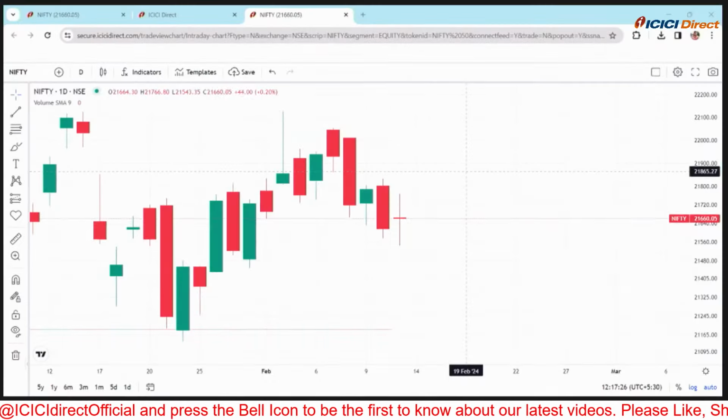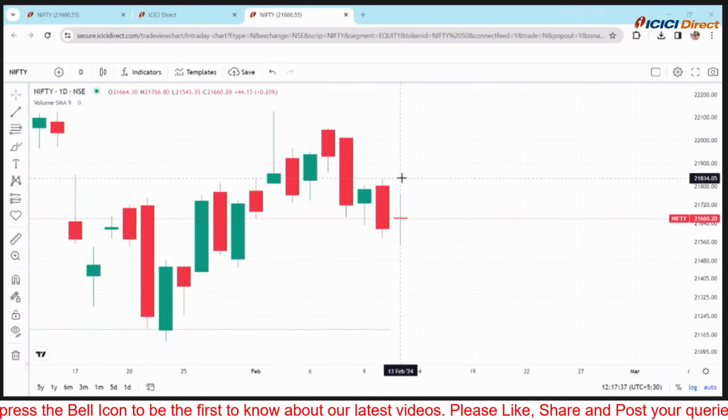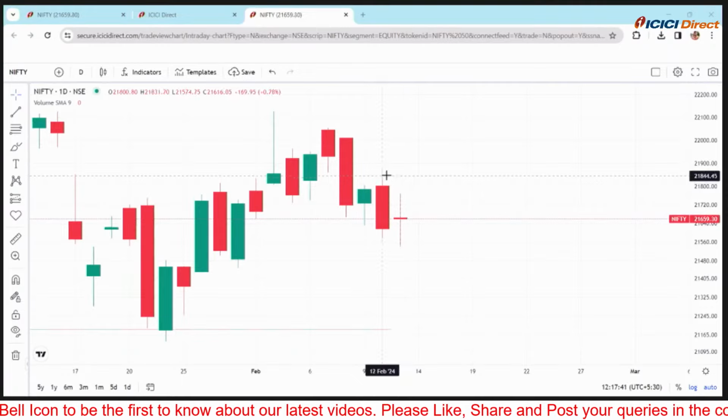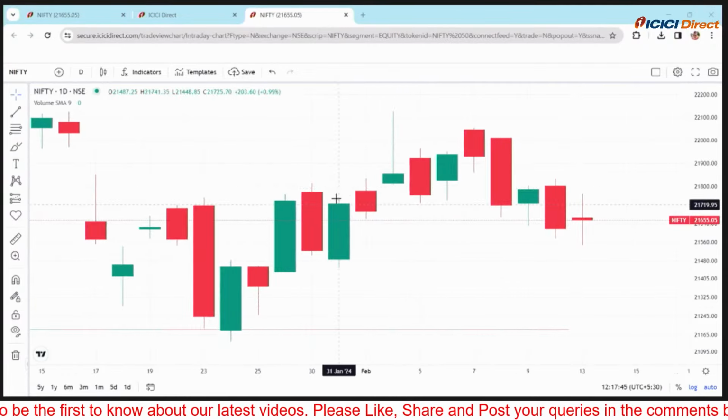Okay, is my chart visible, guys? Is it visible? No. Now is it visible? Is this visible now? So this is Nifty's today's candle, that is the 13th February candle. I'll come to the daily price here.